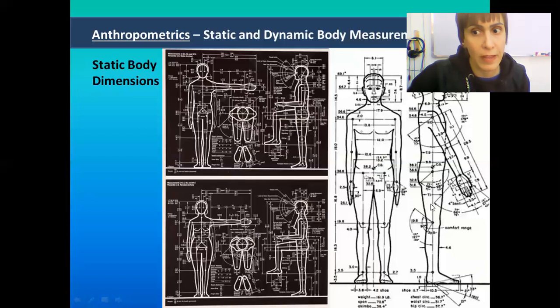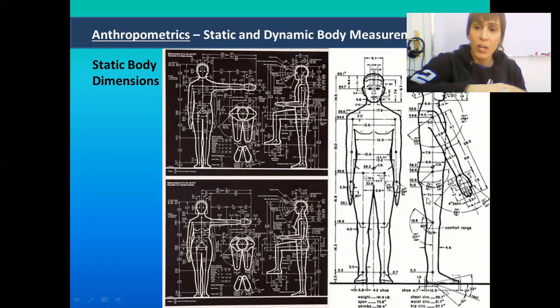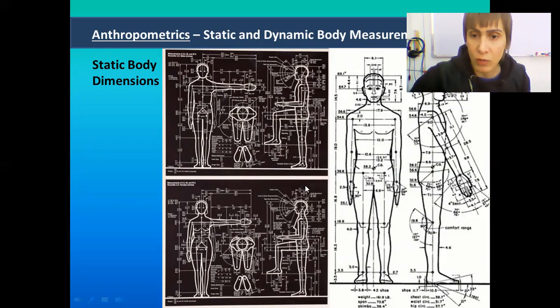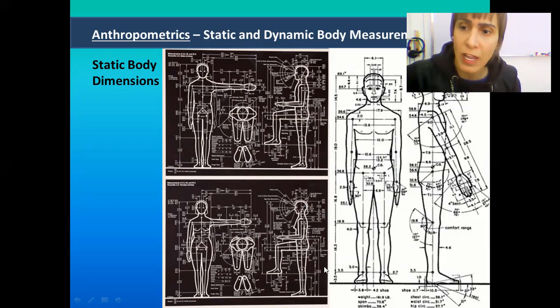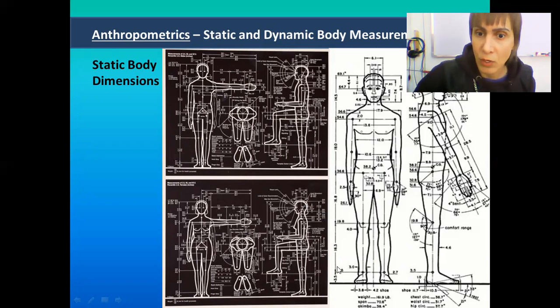This is related to the dynamic body dimension, like what are the angles that you can pick up your hand or move your head. So you will find static and dynamic data here. And as you can see, all these numbers are like, what is, for example, the size from here to here? What is from here to here? Every detail you will find with a number, okay?